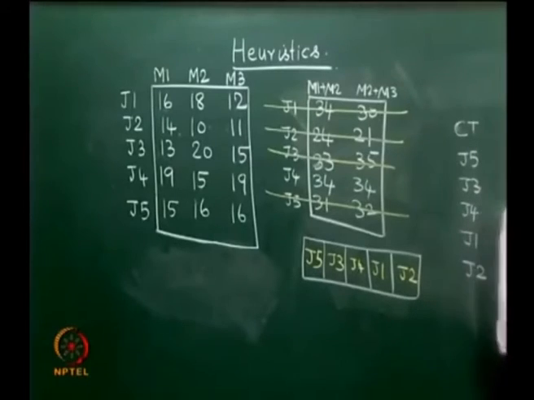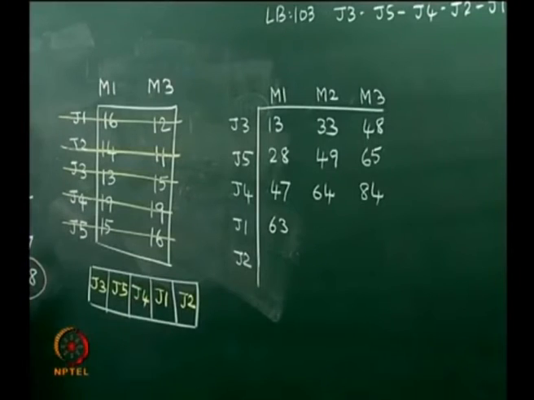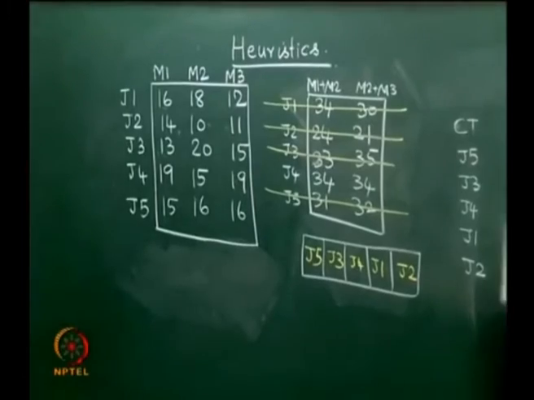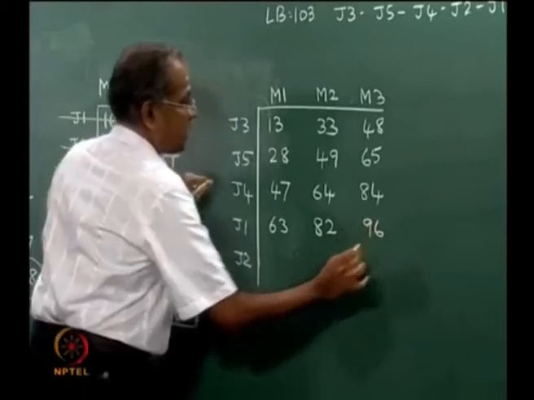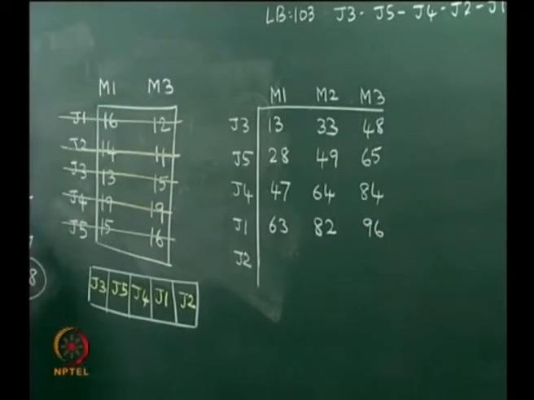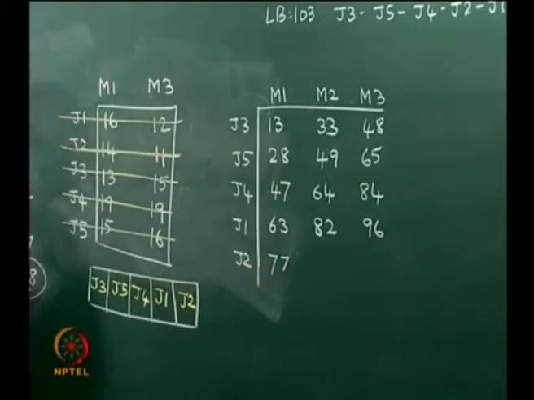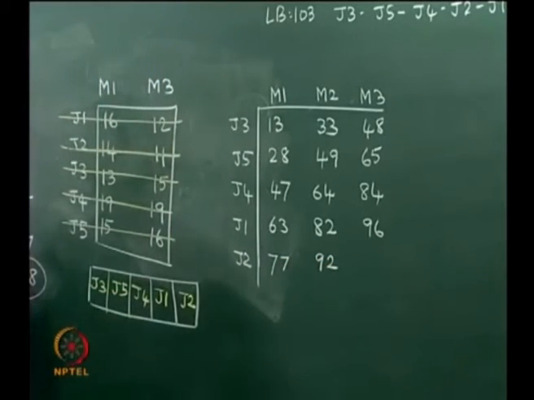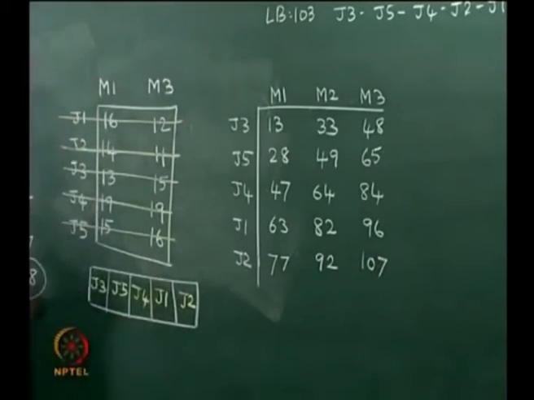J1 starts at 47, takes 16, finishes at 63, waits till 64, takes another 18, so 82, again waits till 84, takes another 12 which is 96. Now J2 starts at 63, takes another 14, finishes at 77, waits till 82, takes another 10, 92, waits till 96, takes another 11 which is 107.